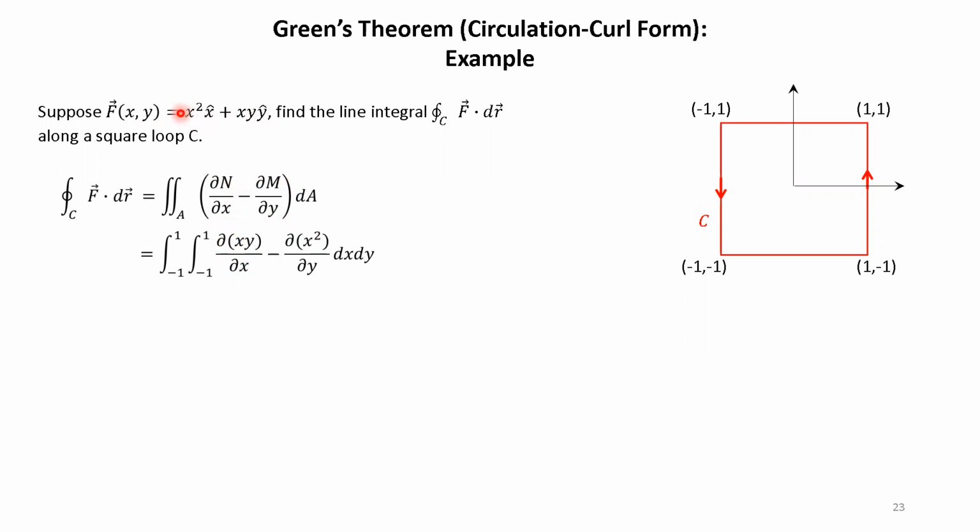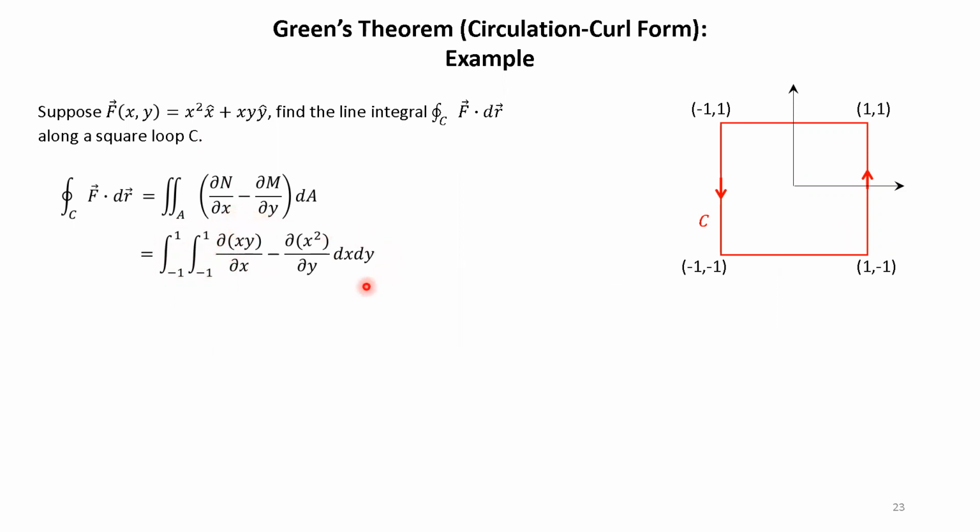So integrating over this region is simple because it's a square region. Remember when we do this double integral for this square region, I have a constant x limit and a constant y limit.